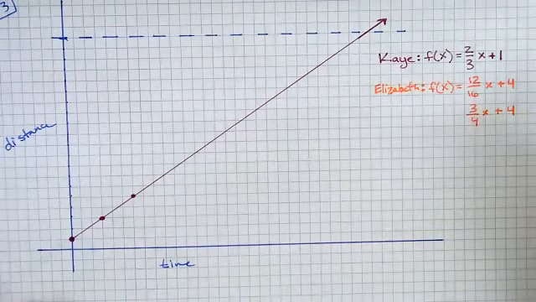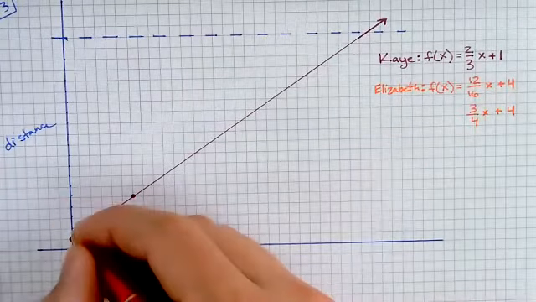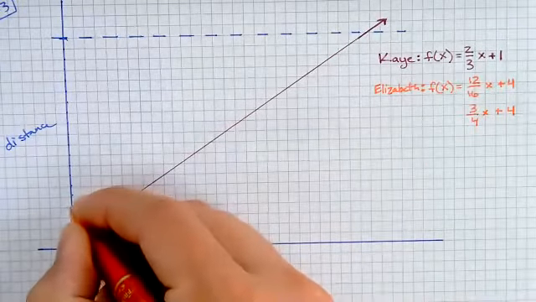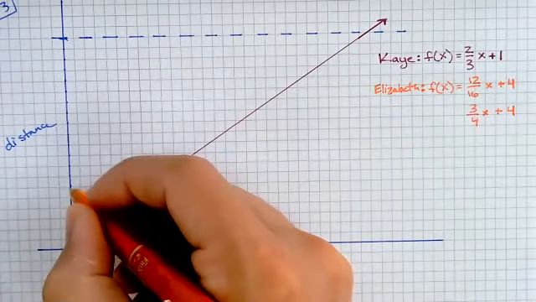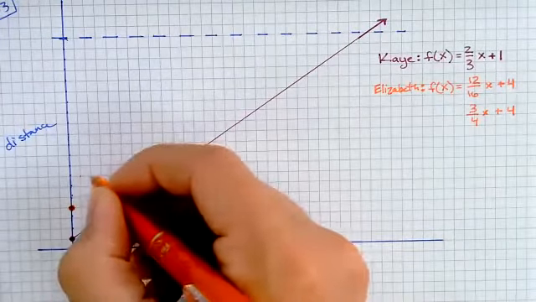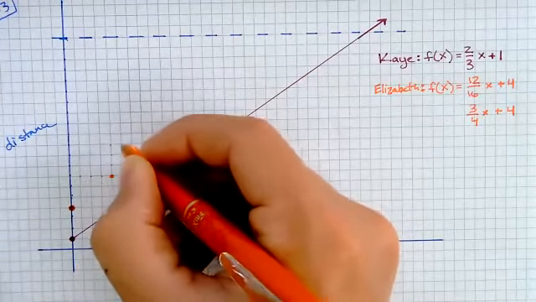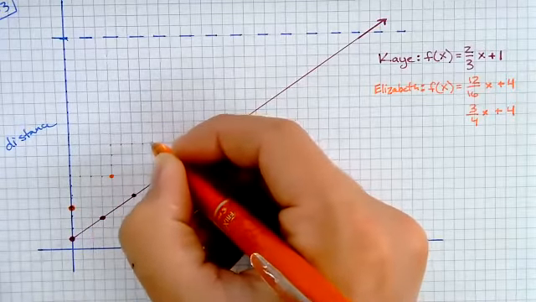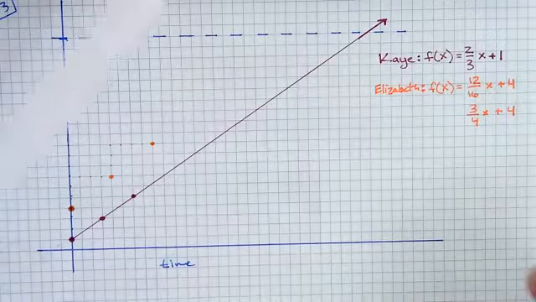I'm going to do that so I don't have to count as much. Again, the 4 is going to be our starting point. 1, 2, 3, 4. She's going to go 3 meters every 4 seconds. Like so.